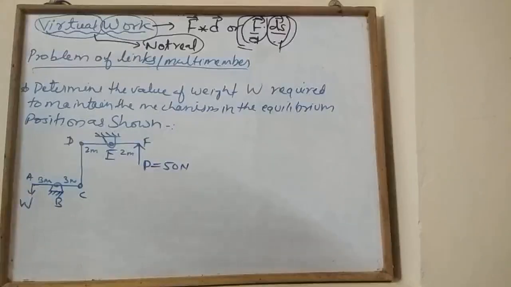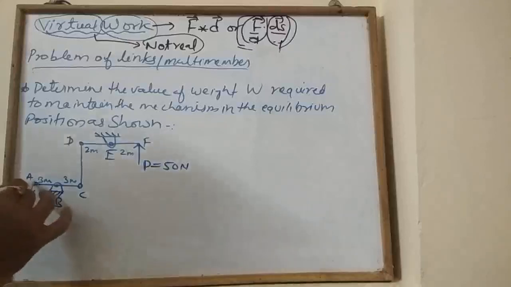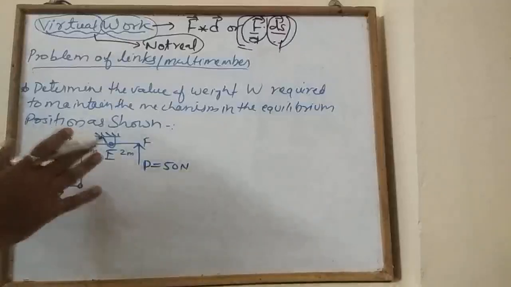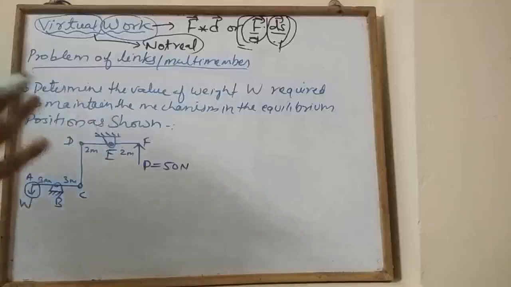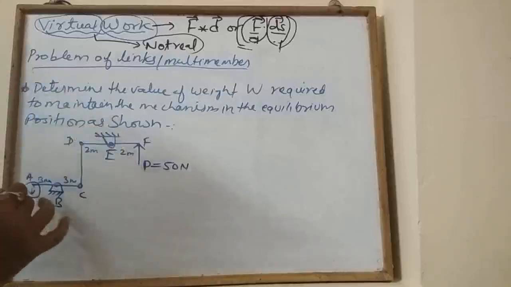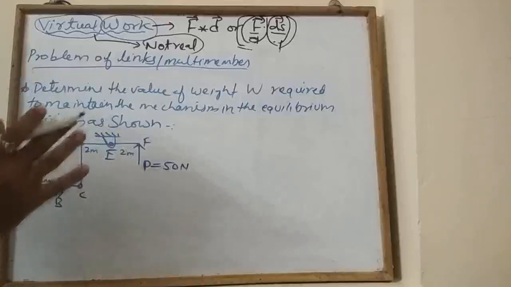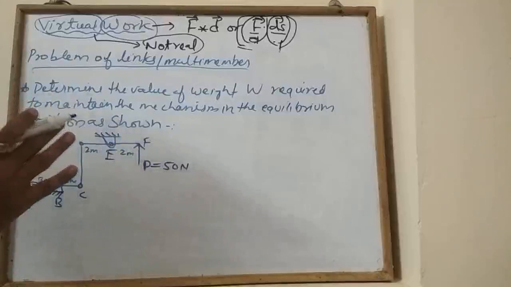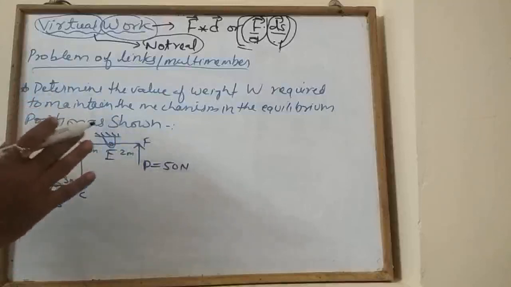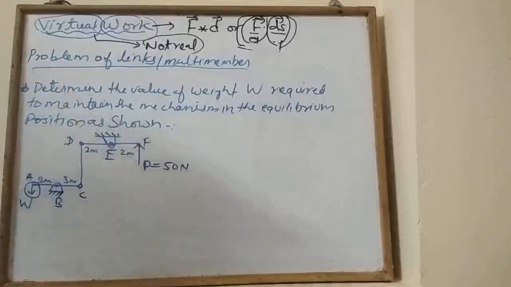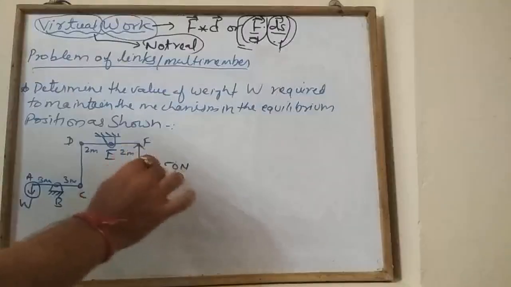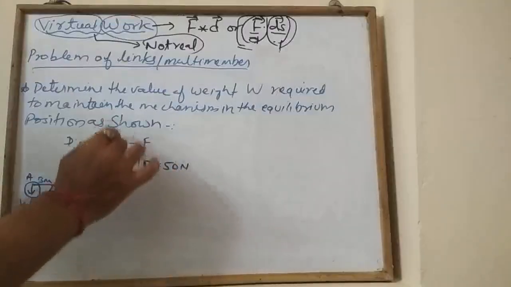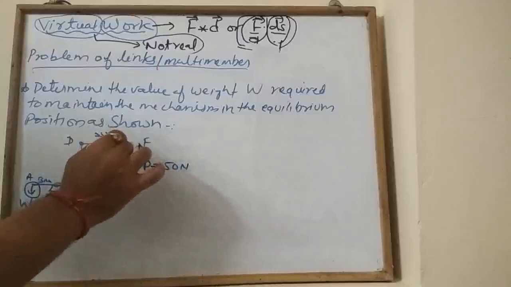Now the question is asking to calculate this weight W such that this is the equilibrium condition. It means what will be the amount of W which is required to keep this multi-member system in equilibrium under the application of load P. It means this P is trying to raise this position F.